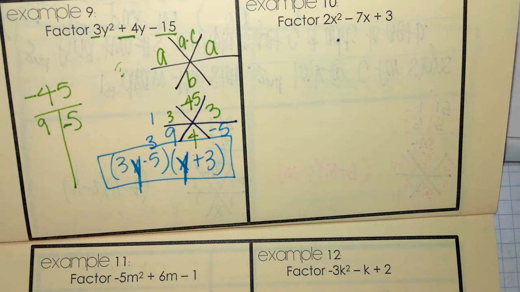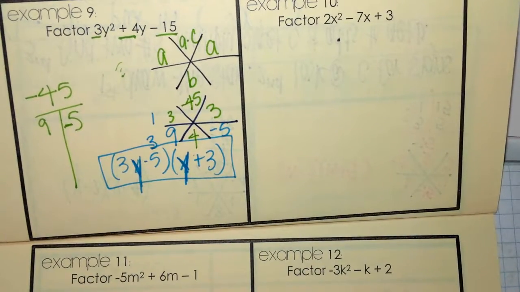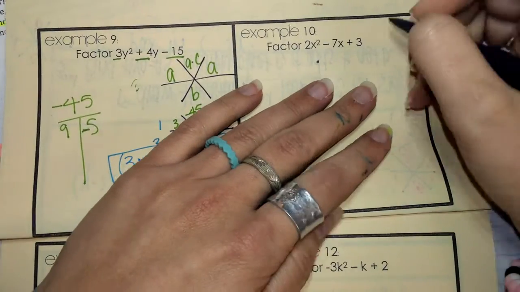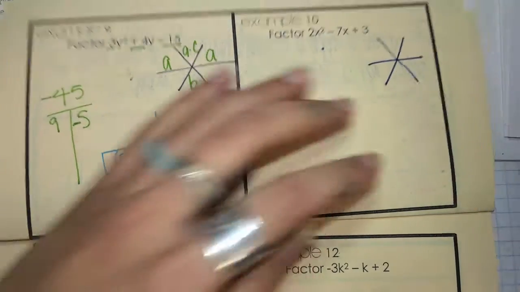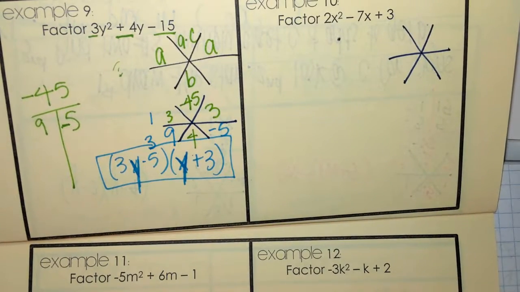Negative 1 plus negative 6 is what? Negative 1 and divide.